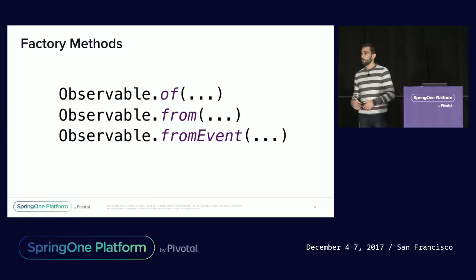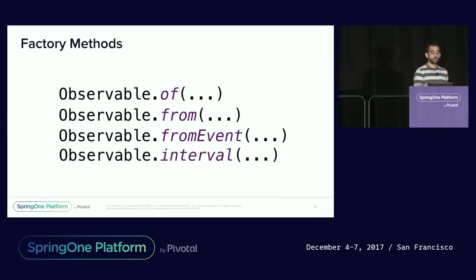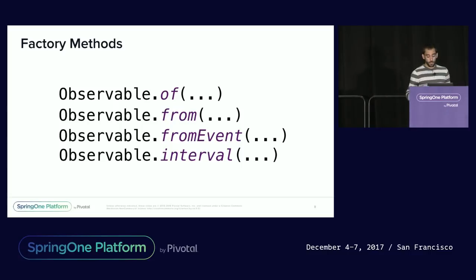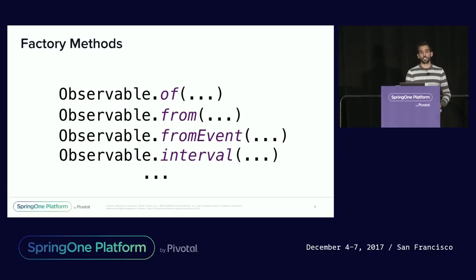Or it could be like messages coming from a WebSocket. We have other factory methods that allow you to create an observable for, well, a specific interval. So we can actually emit values on a specific amount of time. So we have a lot of factory methods, right? So this is basically our producer, the guy that will produce events, right?